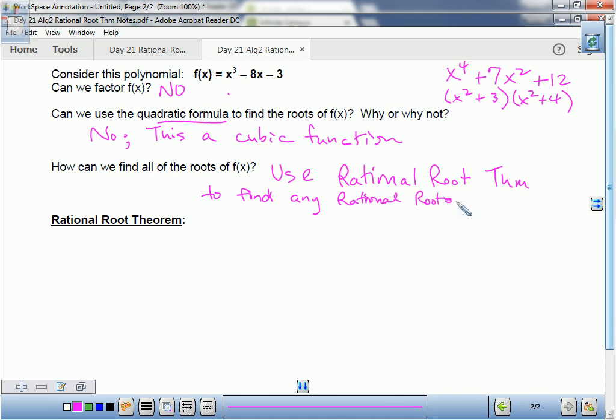And if we can find rational roots, then we'll use synthetic division to get it down to a quadratic. Because once we get a function down to a quadratic, then we can always use the quadratic formula.